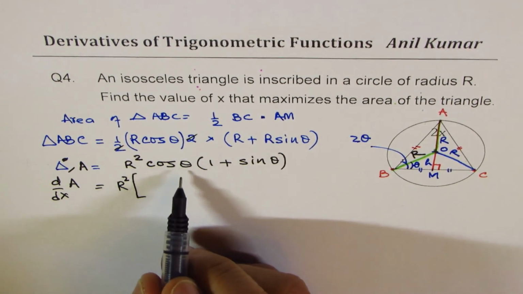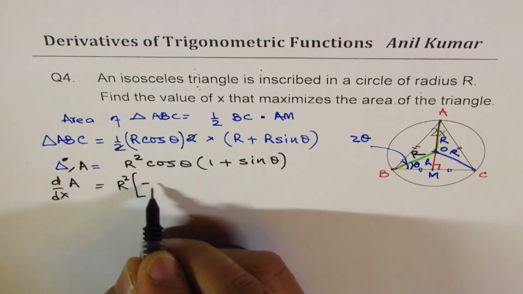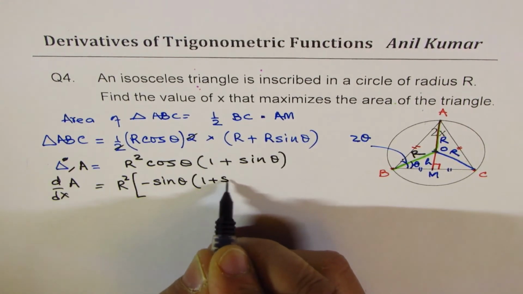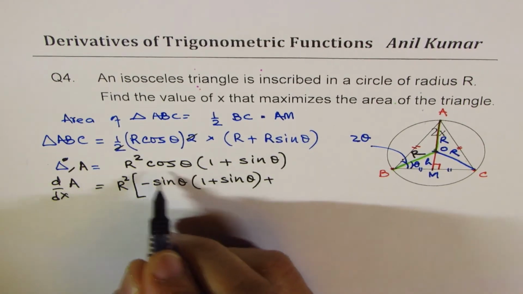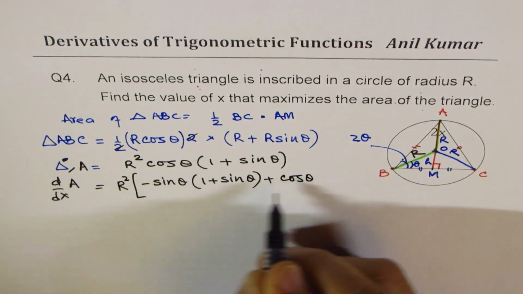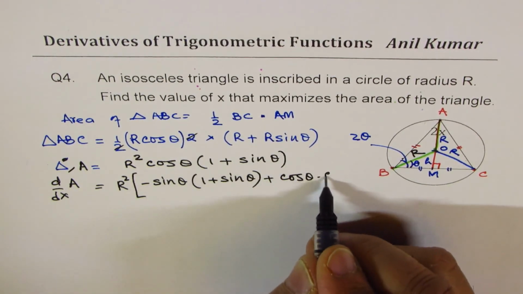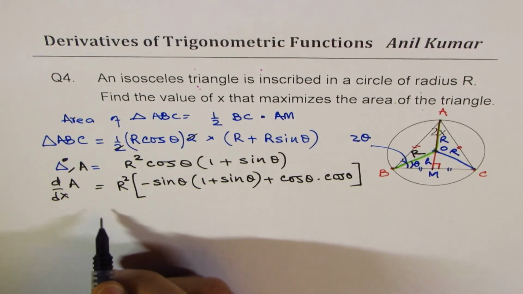Now we'll apply the product rule. Derivative of cos theta is minus sin theta times 1 plus sin theta, and then plus cos theta times the derivative of sin theta, which is cos theta. Correct? So that's what we get.